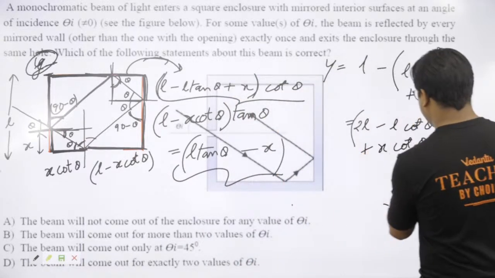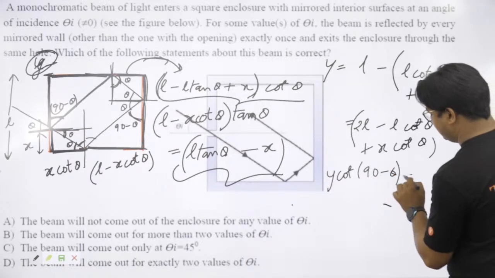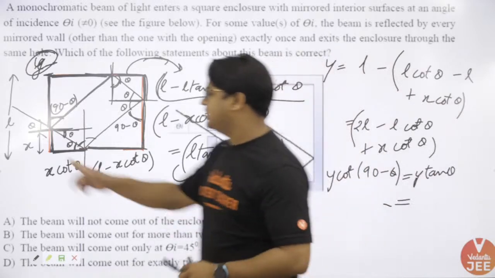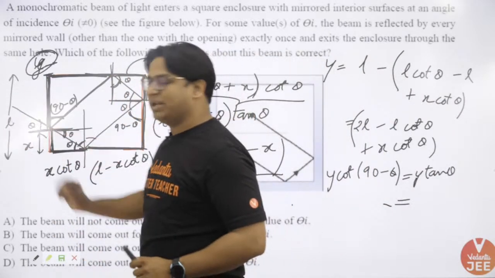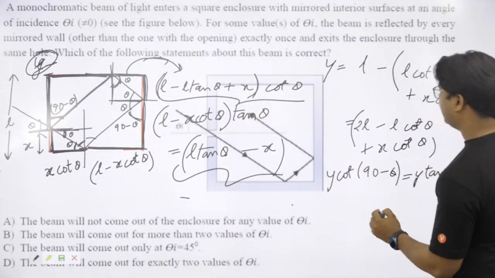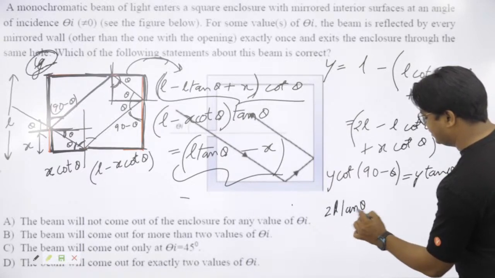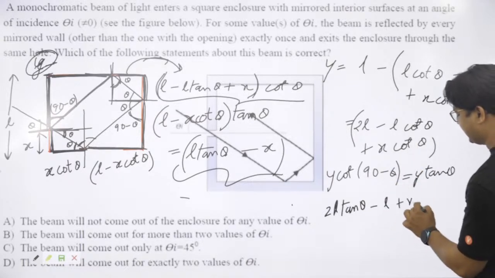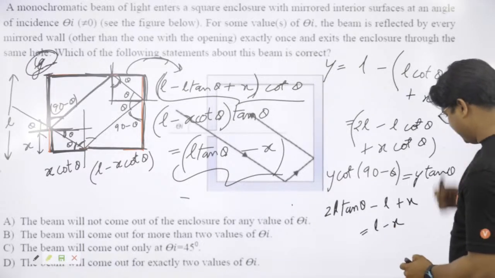If I multiply y with cot of 90 minus theta, which is y tan theta, then this length should be the same as L minus x. We are writing this length now, so this should be the same as L minus x. Let's do that and let's see what we are getting. So y tan theta will give us 2L tan theta minus L plus x is equal to L minus x. So this gives us what?